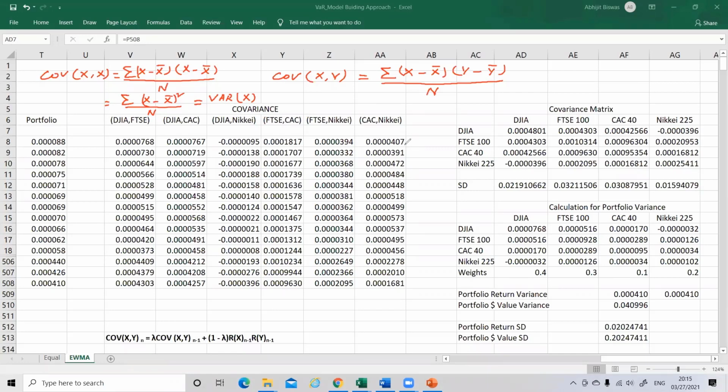So when you are talking about covariance between Dow Jones and Dow Jones, basically you are talking about variance of Dow Jones.